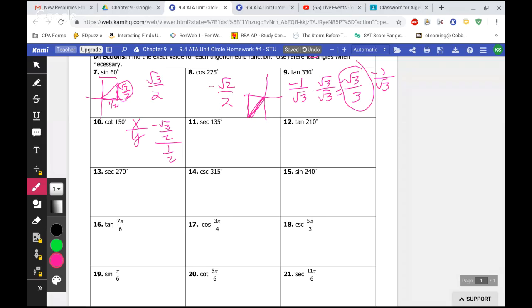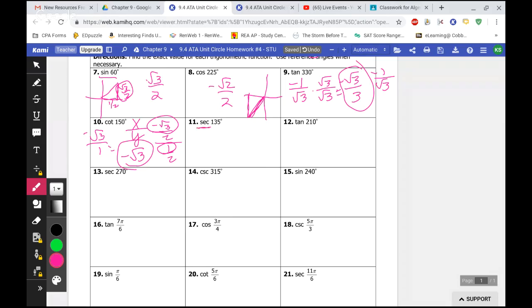Once again, when you have a complex fraction and the denominators are the same, you only have to deal with the numerator. So that's going to give me negative root 3 over 1, and that simplifies to negative root 3. And that's my final answer.